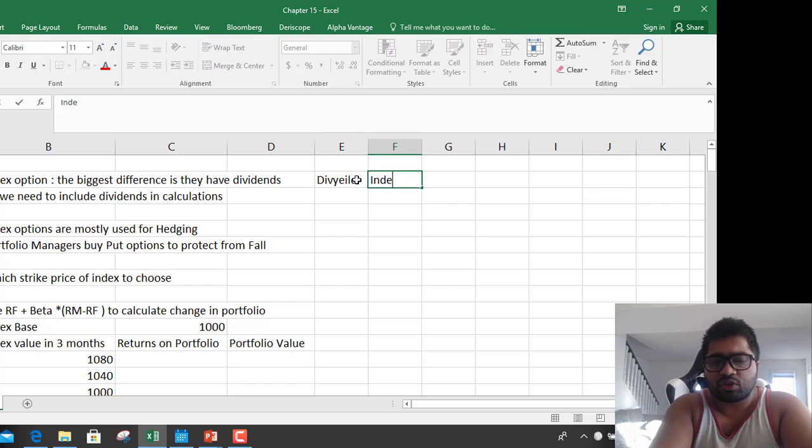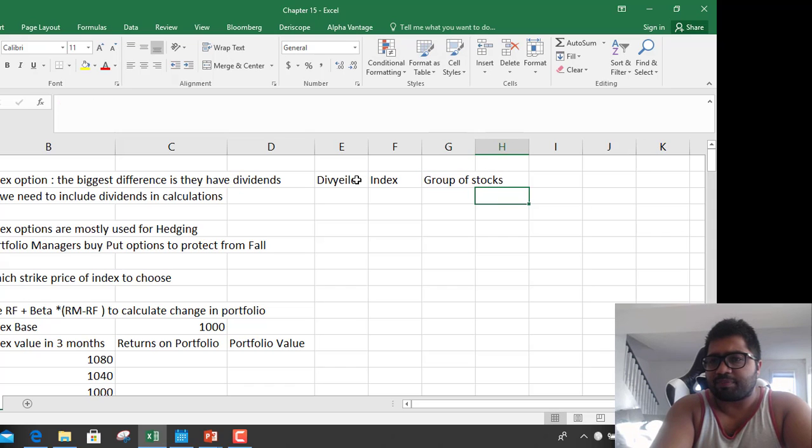Indexes are groups of stocks. An example in Canada: the S&P/TSX Composite has around 240 stocks, then you have the TSX 60 that has 60 stocks, the top 60 companies.